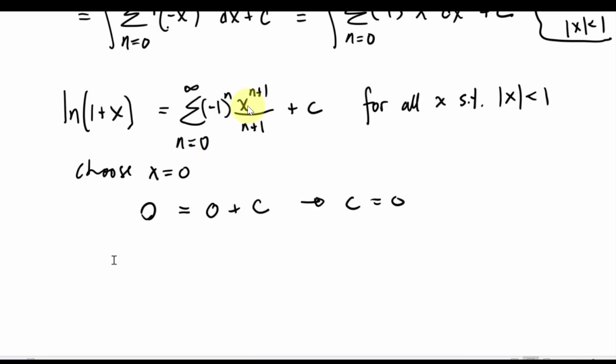And when you put 0 to a power 1, you get 0. And every single term will be 0. 0 plus 0 plus 0 plus 0 forever is 0, plus this unknown constant. But if this is really equal, then you have to have 0 equals 0 plus c, which means the c value had to be 0.